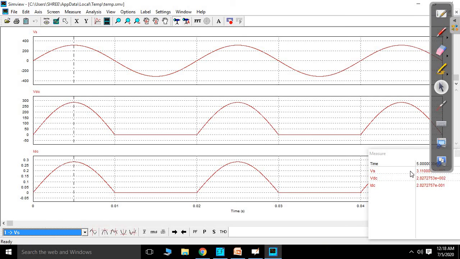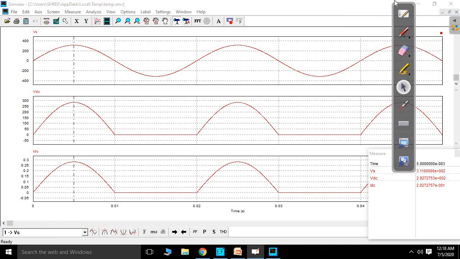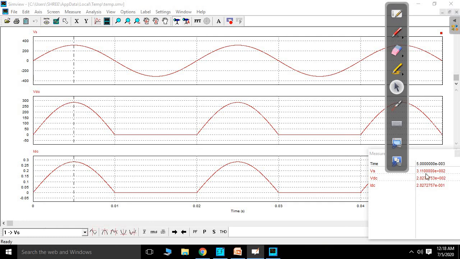The peak value of my supply voltage is 311, because here it is 10 to the power 2. Then I want to check the DC peak value. The DC peak value is 2.82, that means 282 volts, and IDC is 2.82 into 10 to the power 1.